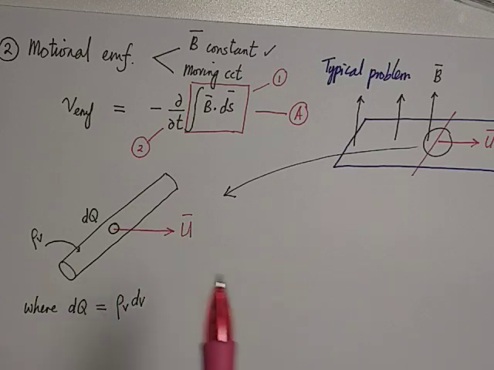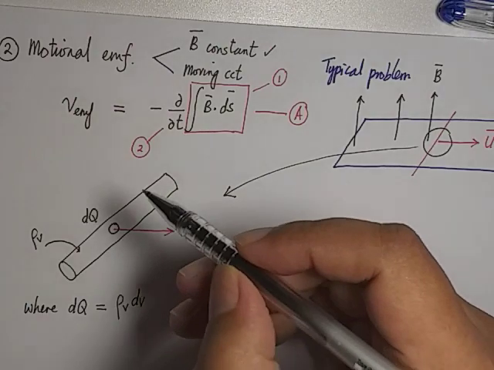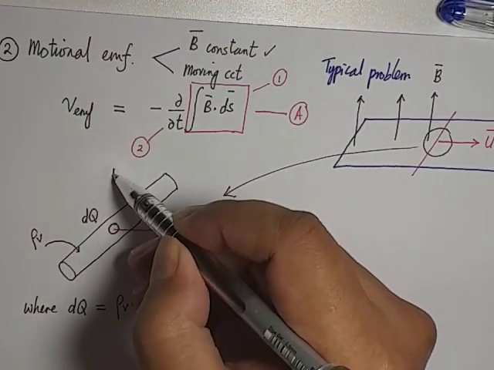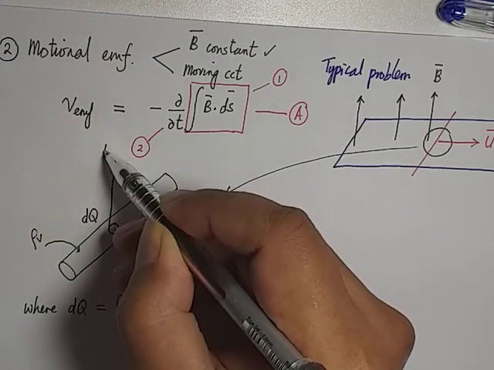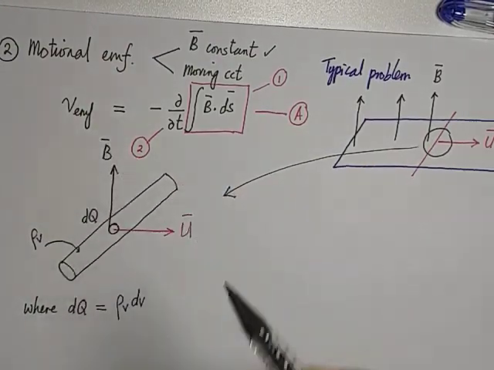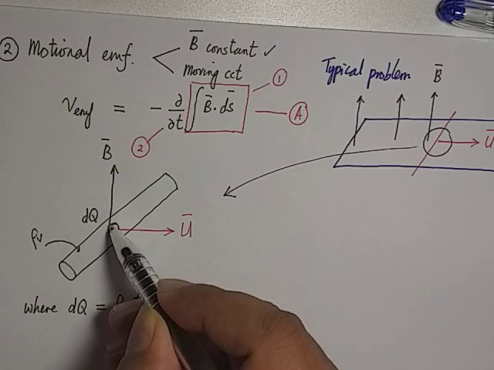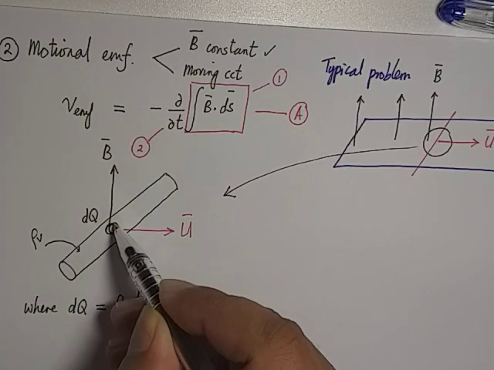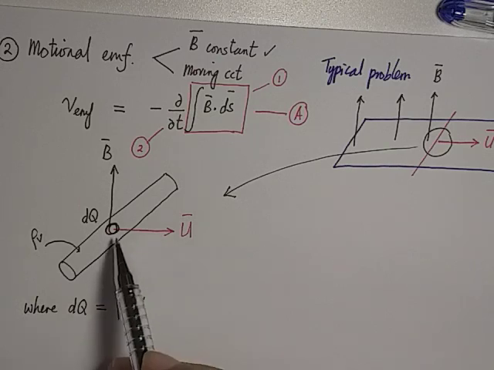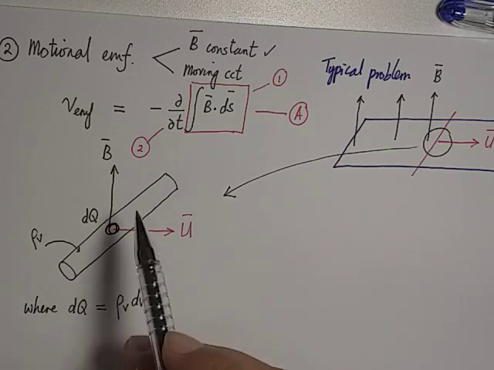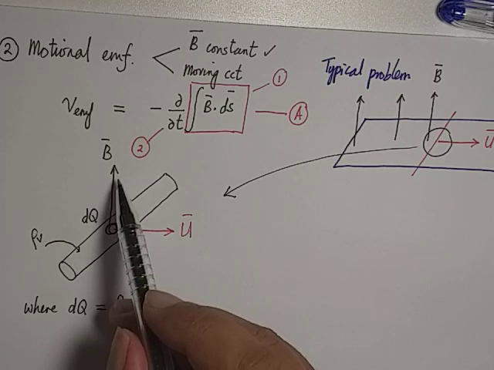And at the same time, we can see the sample is also exposed to magnetic field B. So now the sample is going to experience two different types of vector. First, the movement vector. Second, the magnetic field vector.